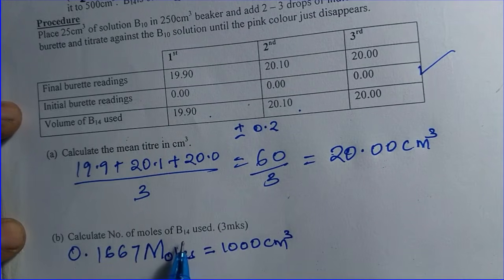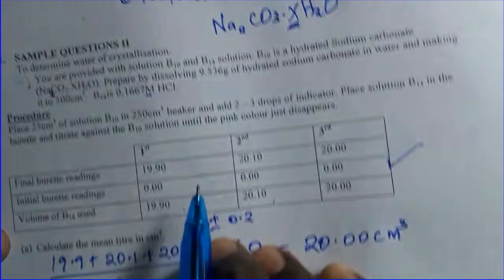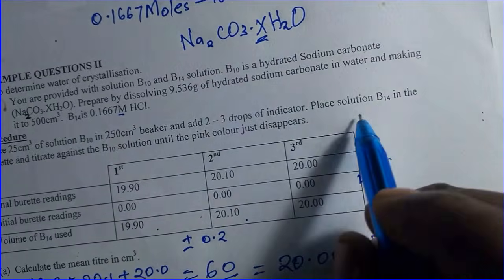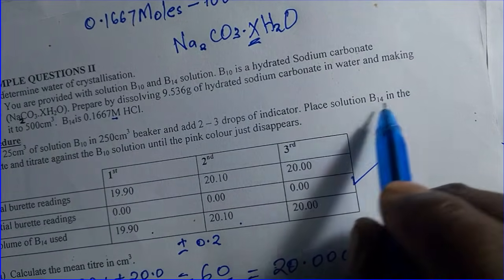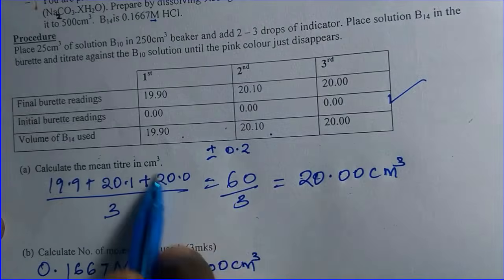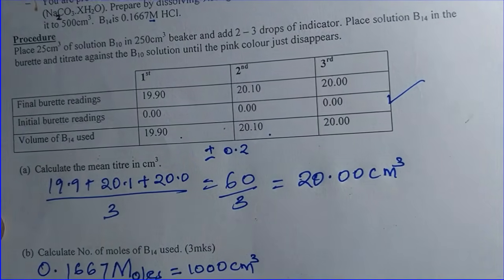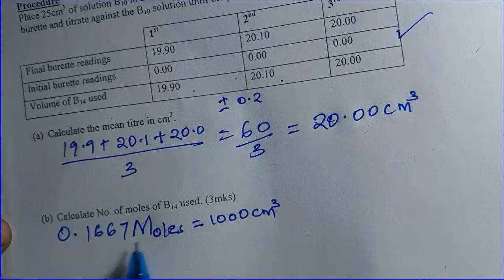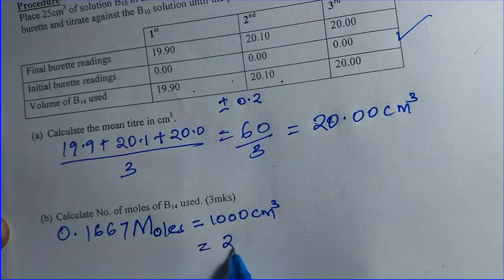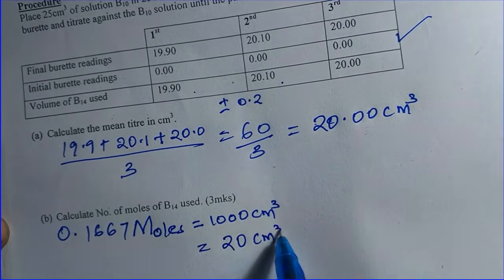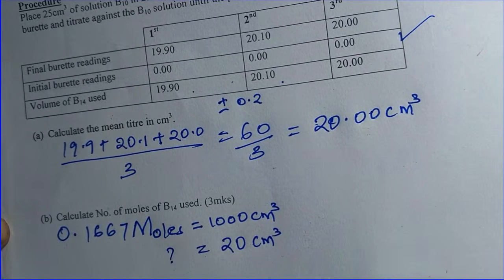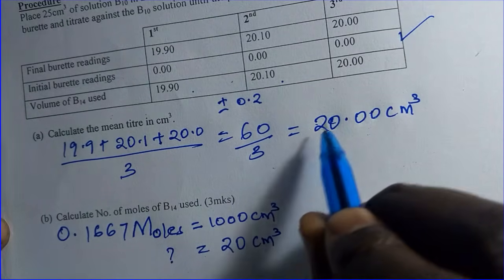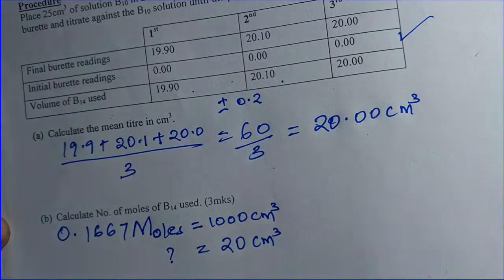So what amount of P14 did we use? You come back to the procedure and understand where the P14 was. P14 was in the burette. So the average volume we have here is for the P14. Therefore, if 1,000 contains these moles, what about 20 centimeters cube will contain how many moles? The volume of P14 used is 20 centimeters cube.